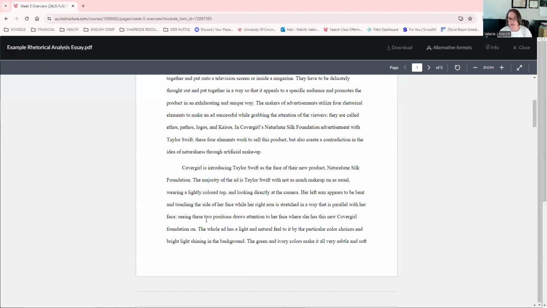So here in the first body paragraph, let me backtrack a little bit. We can see already that we know these are the things that this student is going to discuss in their body paragraphs: ethos, pathos, logos, kairos. Kairos is a rhetorical appeal that we haven't discussed in this class.